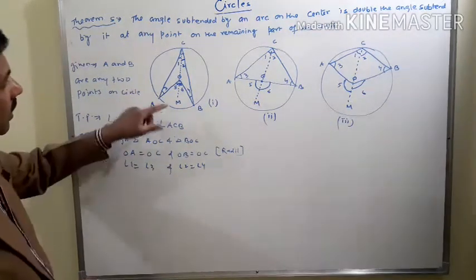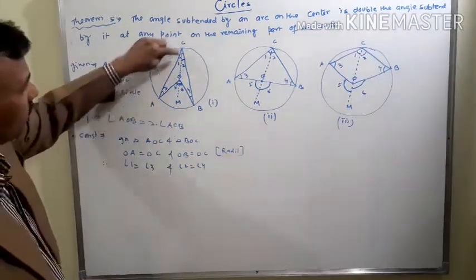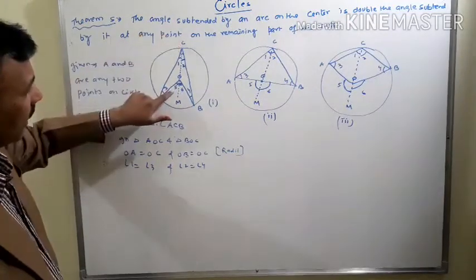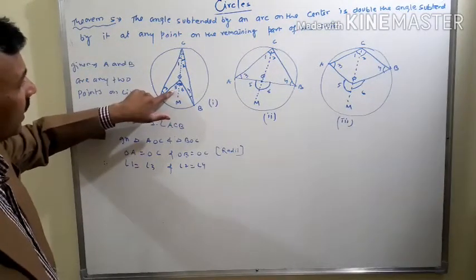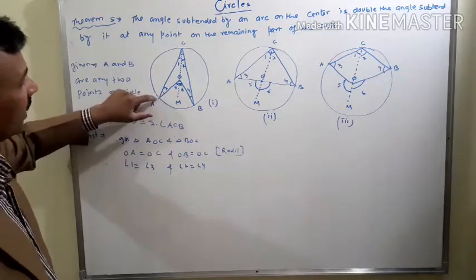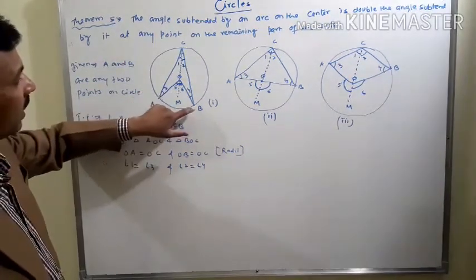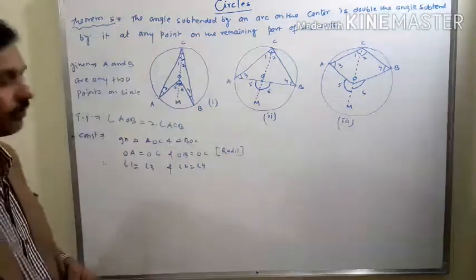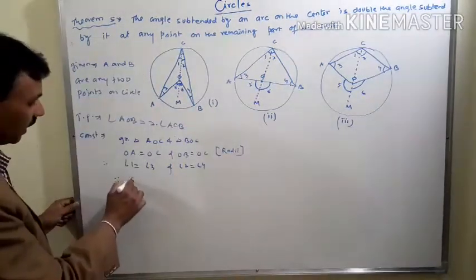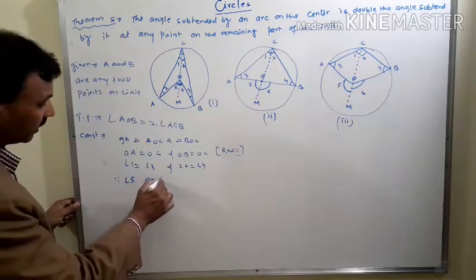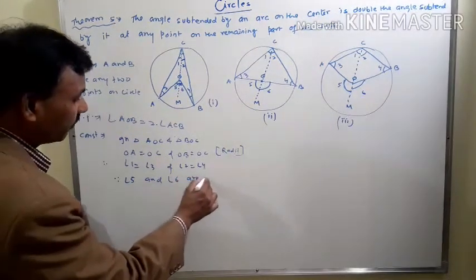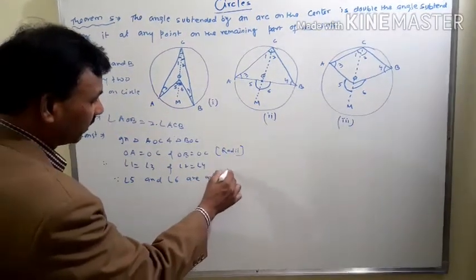Now, in triangle AOC, angle 5 is the exterior angle of triangle AOC. Similarly, angle 6 is the exterior angle of triangle BOC.